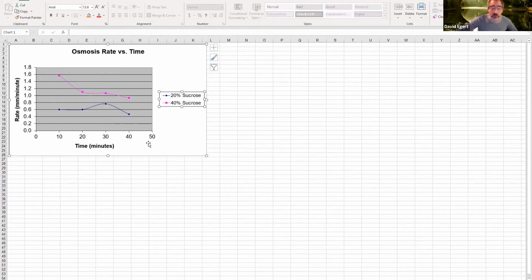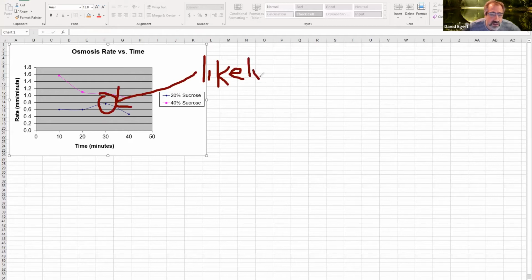So that word artifact shows up. Maybe I should just write it in. I can use my little annotator. When you see something like that, that is likely an artifact.